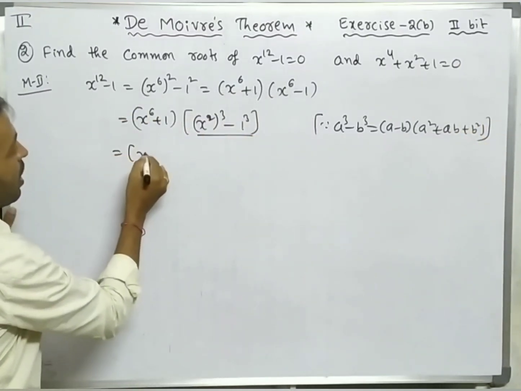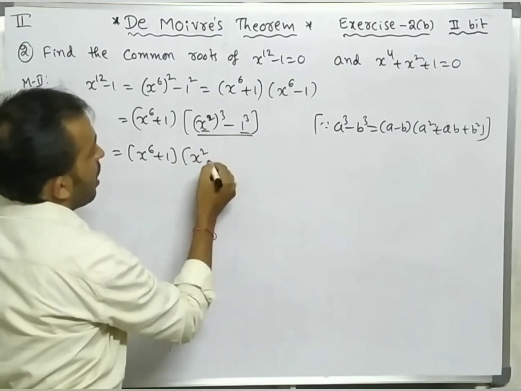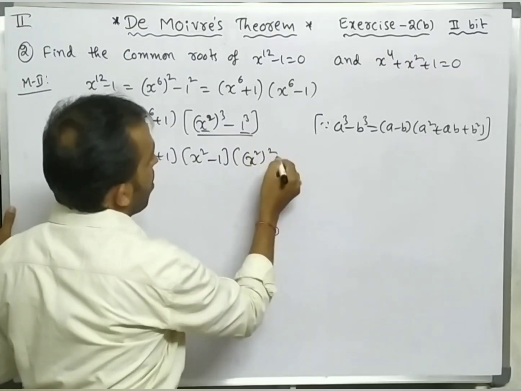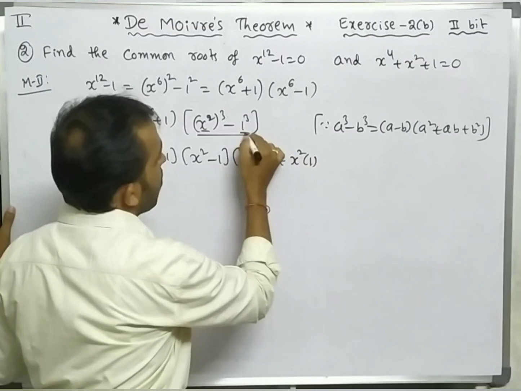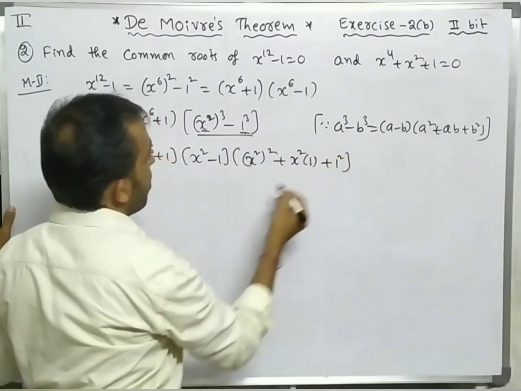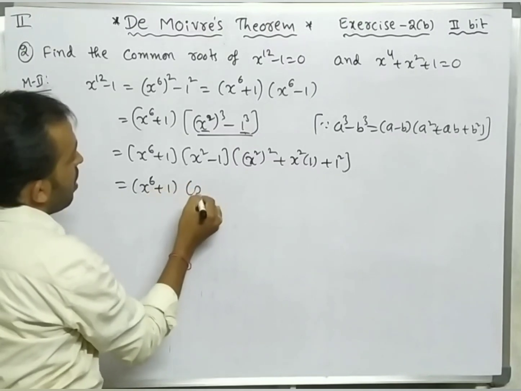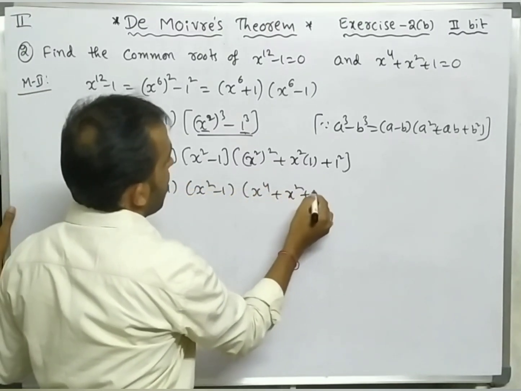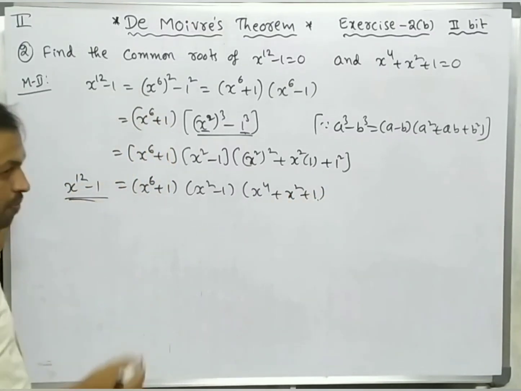Substitute: x power 6 plus 1 into (x square minus 1) into (x power 4 plus x square plus 1). This is x power 12 minus 1.